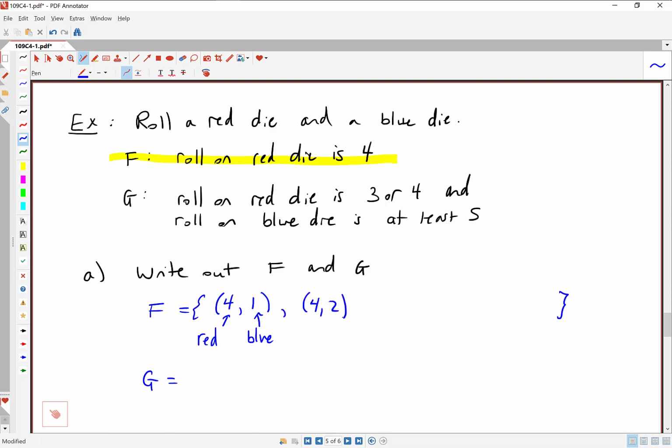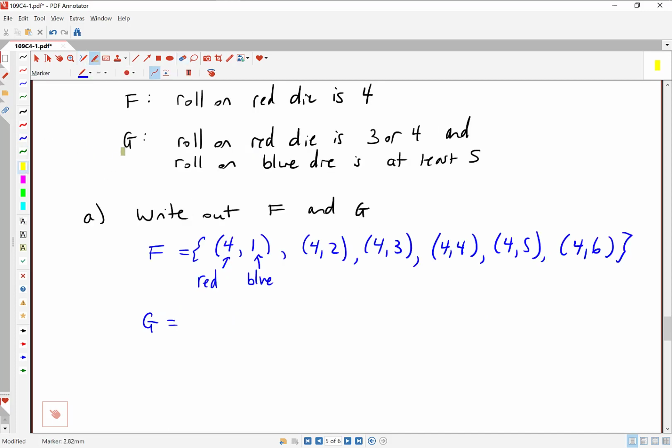Another one would be (4, 2), (4, 3). And really what's happening here is we've got 6 options for what could happen on the blue die. Red die is forced to be 4 because that's the description of what F is. So we'd have (4, 4), (4, 5), and (4, 6). So that is our event F that contains 6 different outcomes.